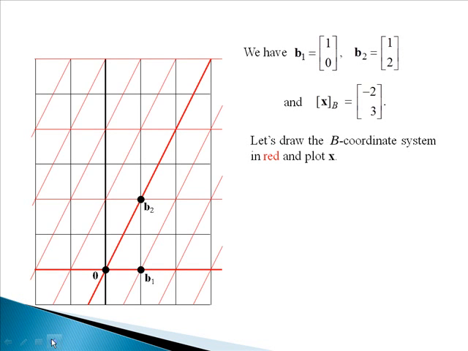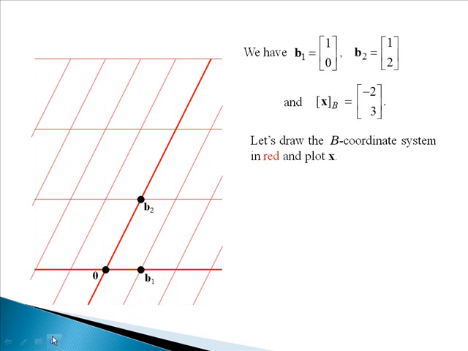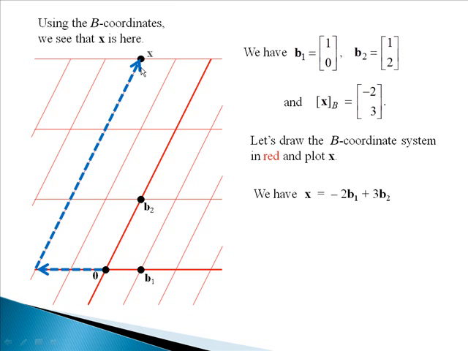So in red, on top of the normal graph paper, we have the B coordinate system. Here we've just erased the other graph. And x is -2 b1 plus 3 b2. So we take b1 and go back 2 spaces, then take b2 and go up 3 places, and using B coordinates, x is up there.